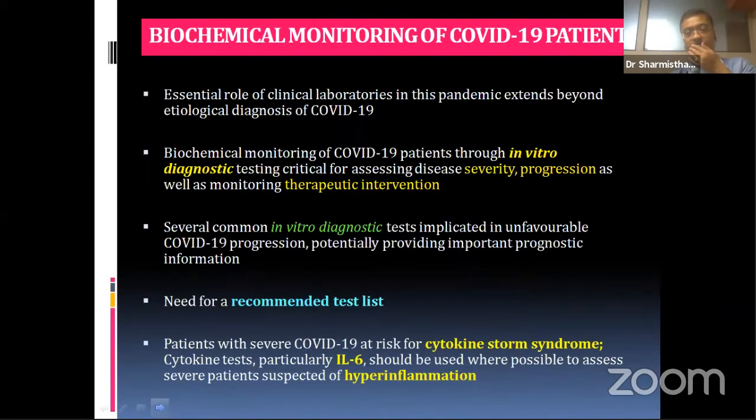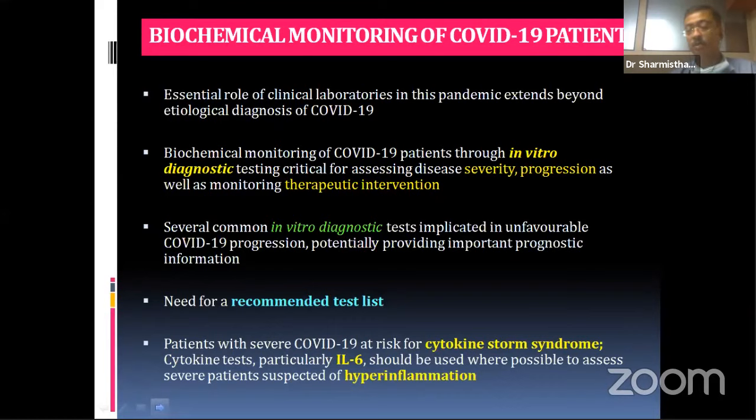Now, there are certain things which have already been discussed. I am not sure whether I should extend it too much, but one thing I should say: the patient with COVID-19, as you know, has a major problem with the lung, and the insult on the lung depends on, and the reason behind it is, a cytokine storm syndrome.